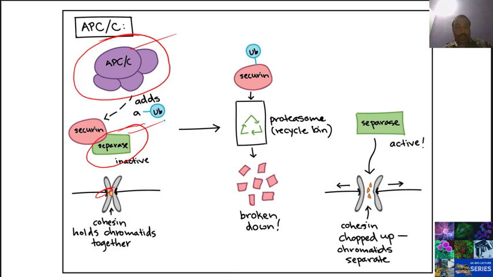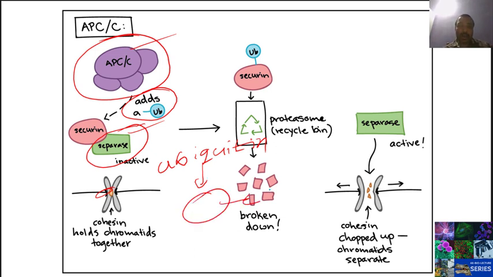So APC is an enzyme that adds a small protein tag called ubiquitin, that is UB. UB means ubiquitin. So when any target is tagged with ubiquitin, what is the signal? It is sent to the proteasome, that is the recycle bin of the cell.